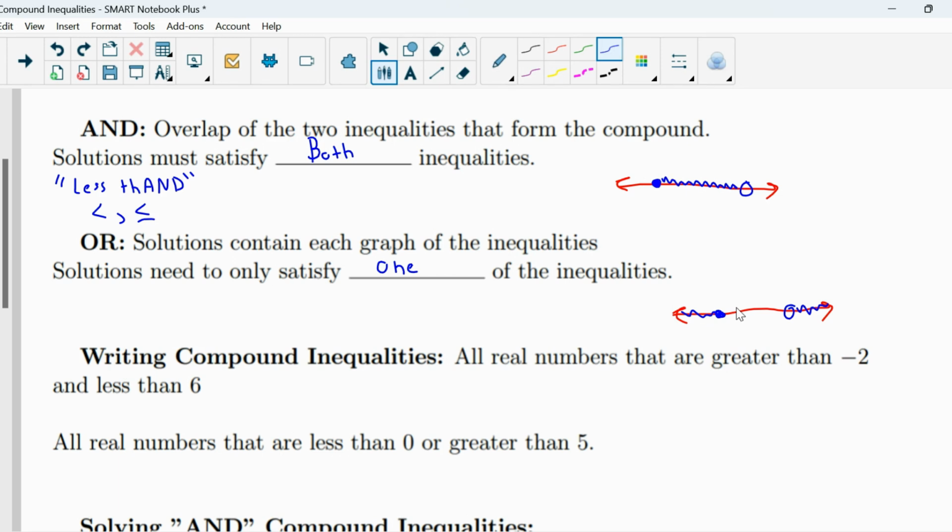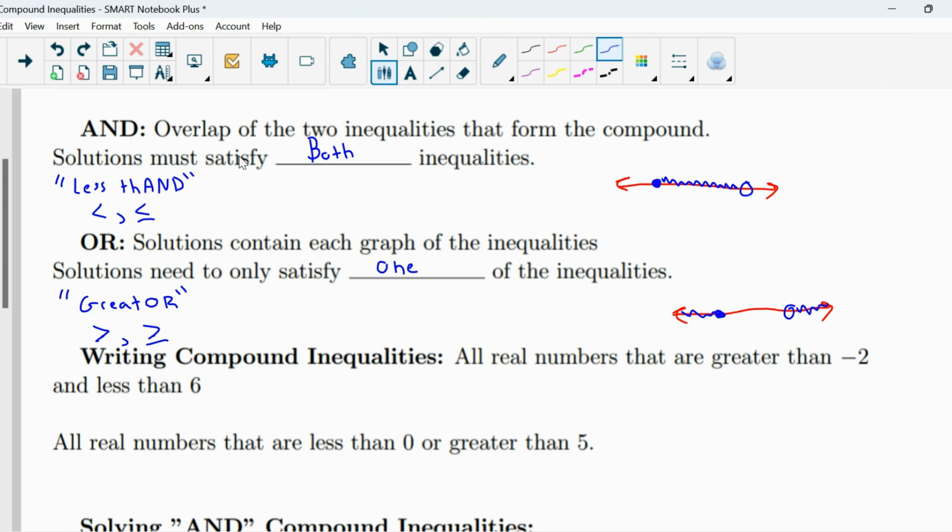Okay, just like less than, we have a saying for or inequalities, which would be greater or. Okay, which is obviously followed up by both of our greater than or greater than equal to symbols.